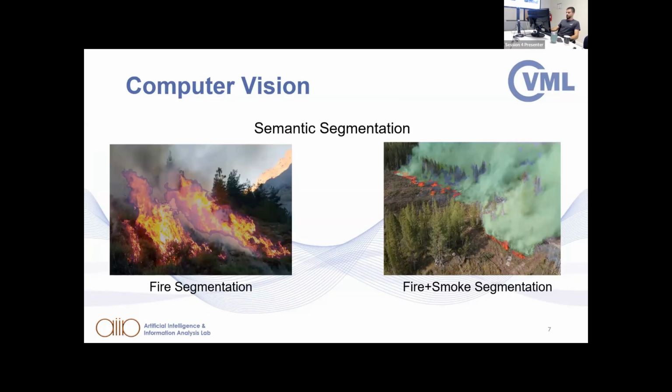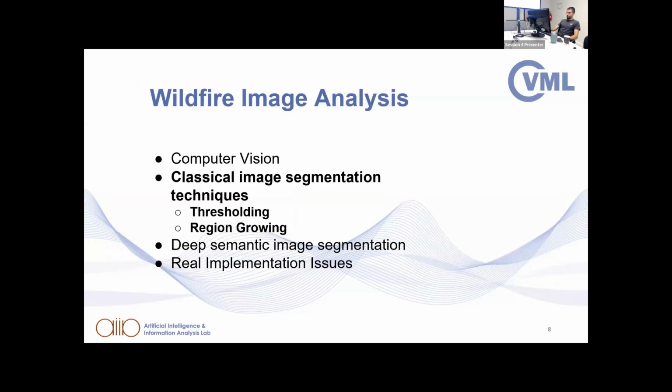This can give us even more information about how big the fire problem is. For example, if we capture the exact shape of the smoke, we can estimate other things like the wind direction, so we can understand where the fire may spread.